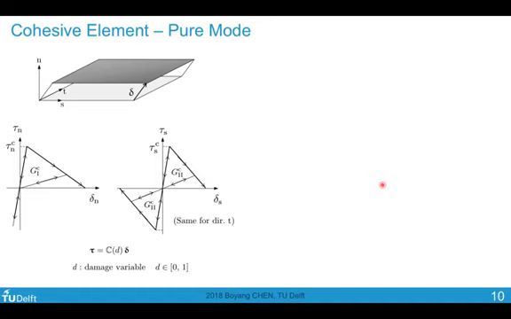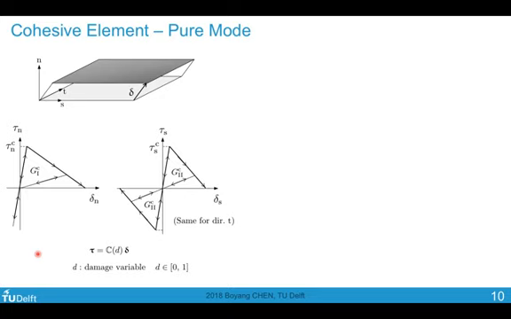Cohesive elements work with a damage variable d, and this damage variable could take a value between 0 and 1. And then the constitutive tensor C, which relates our traction with the separation, would be a function of this damage variable d.